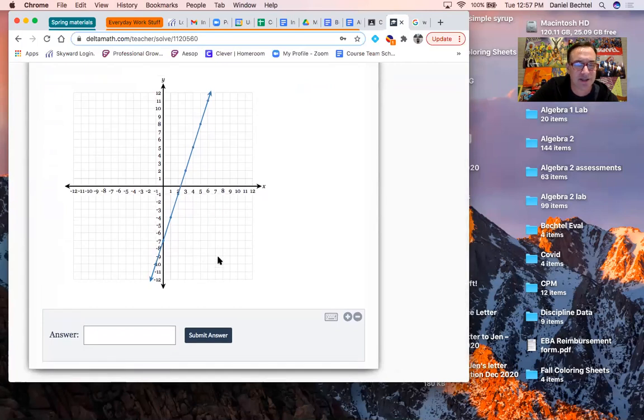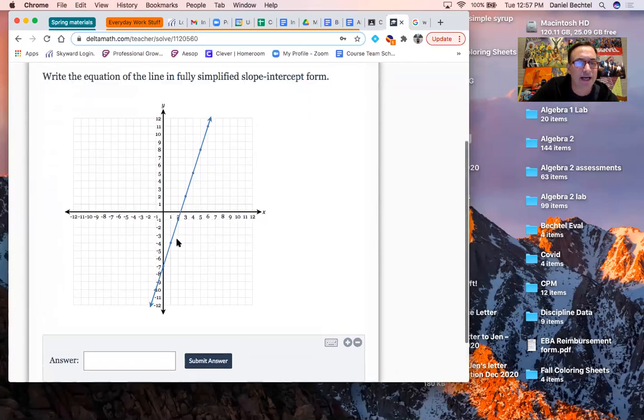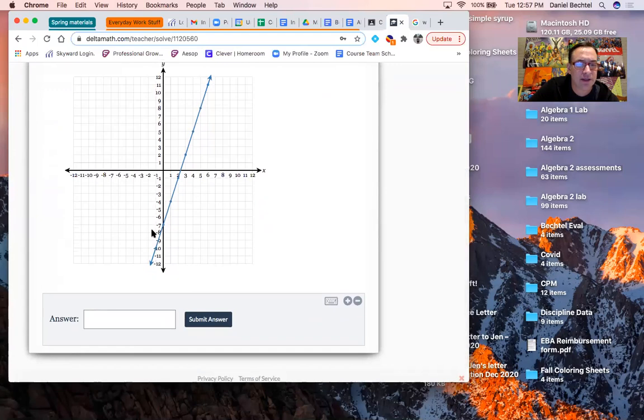So when we look at this, we know right now that our y-intercept is at that -7. So right now, what I'm going to do is type down here, y equals something x. I know there's going to be a -7 in there because that's where this part is. Now let's think about, what does our slope look like? If I look at this, how far up and over am I going between these points?